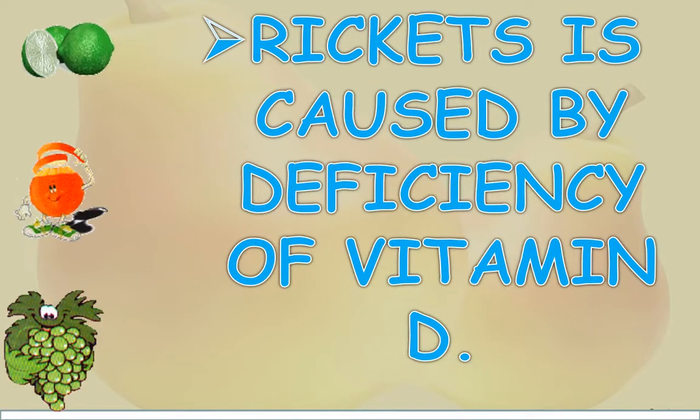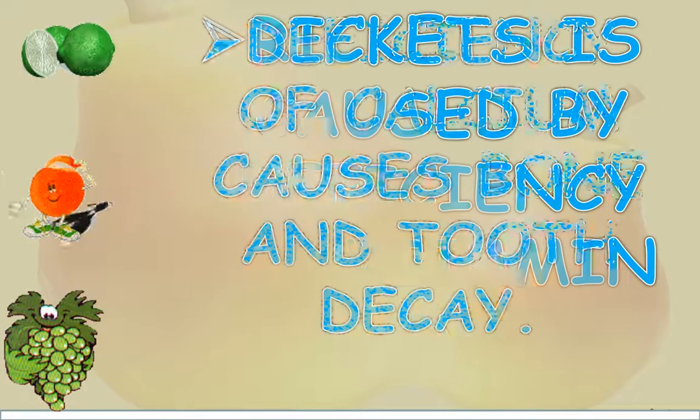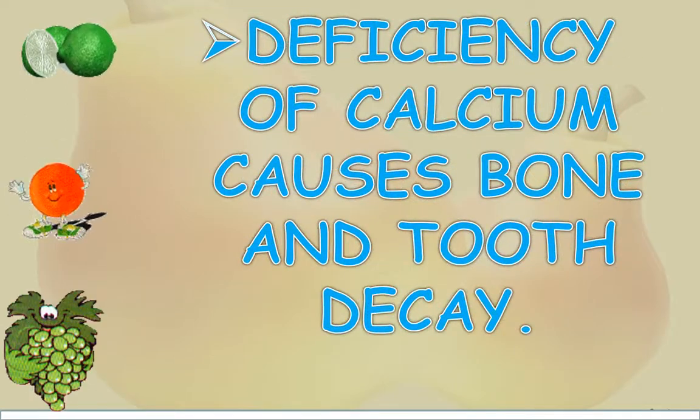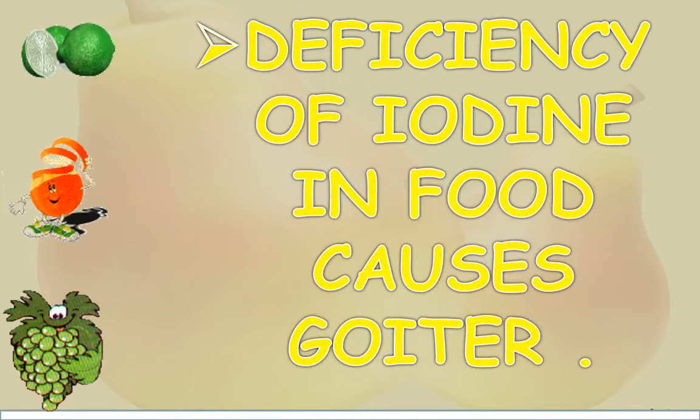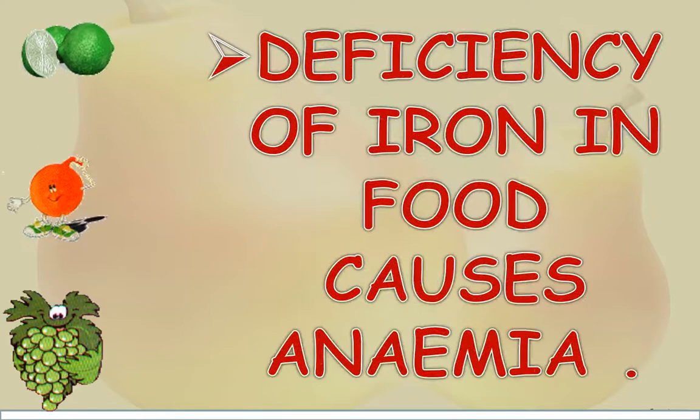Rickets is caused by deficiency of vitamin D. Deficiency of calcium causes bone and tooth decay. Deficiency of iodine in food causes goiter. Deficiency of iron in food causes anemia.